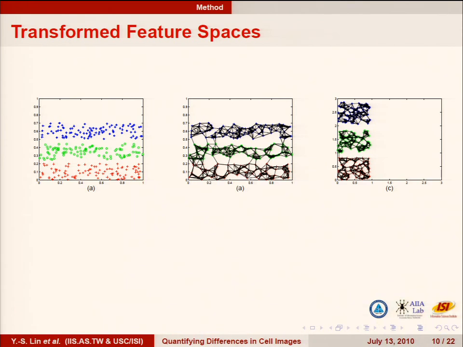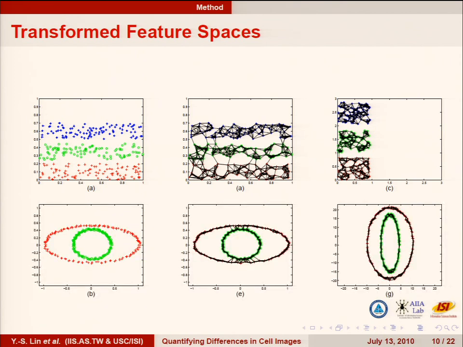Then we minimize J, which gives the new scaling factor that transforms the feature space. In the new feature space, the y dimension is stretched up. Different labels are now separated, and the other dimension is squeezed together, so in this case the distance between different labels better identifies the difference.